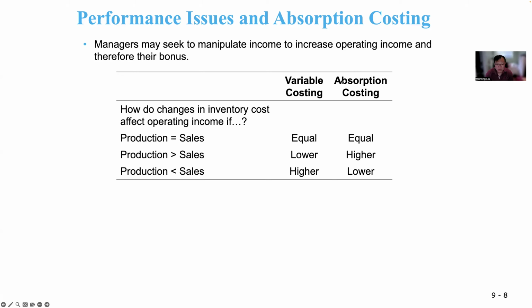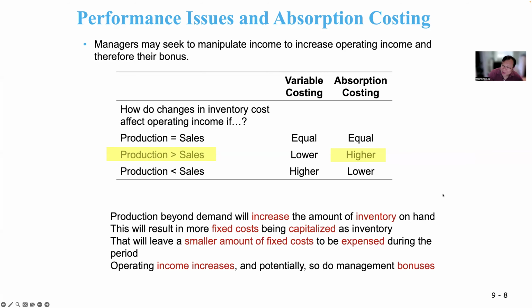So in order to achieve a higher operating income, you can see for under absorption costing, this is how the income statement is prepared for the external users. You can see that this income is higher when production is greater than sales. So then what is going to happen is the manager can just overproduce their items, right?